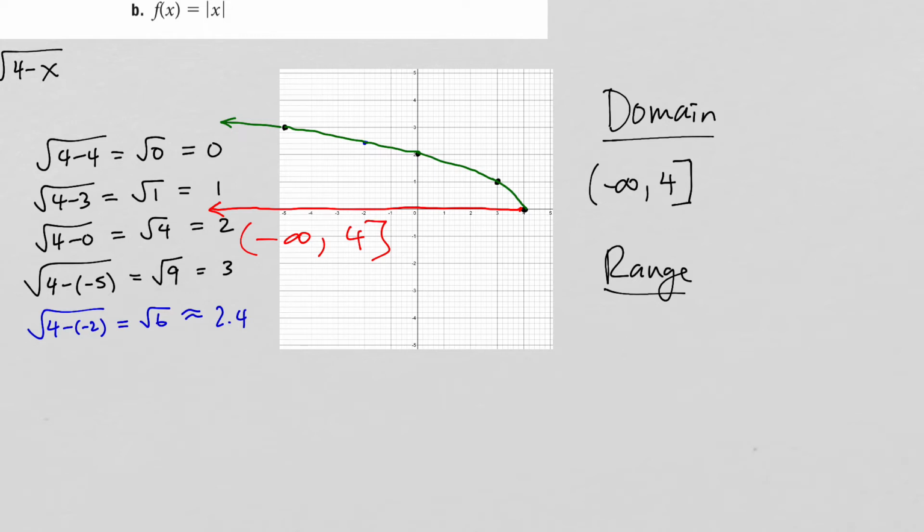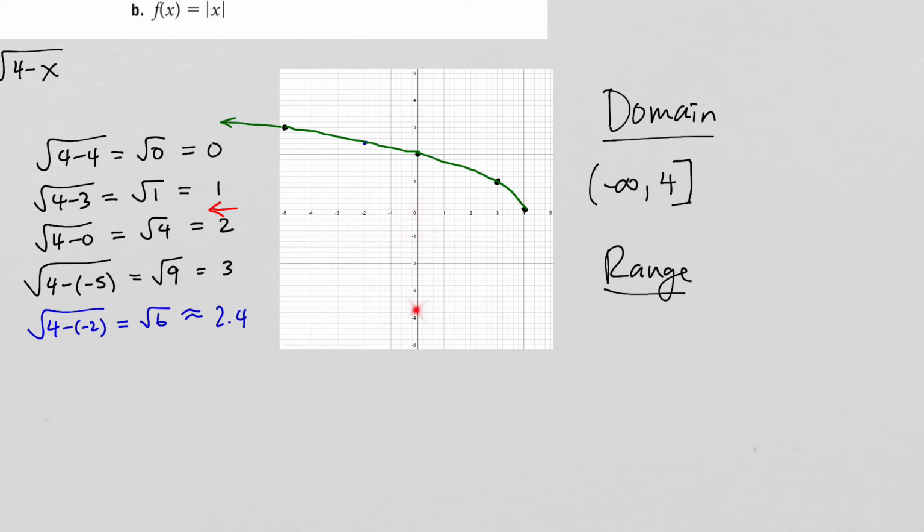Now, the range is the same concept, except that we're going to look at the y-axis. When you look at the y-axis, which is here, we want to see what are the y values that have a graph associated with it. Well, as you can see, there's no graph anywhere down here.